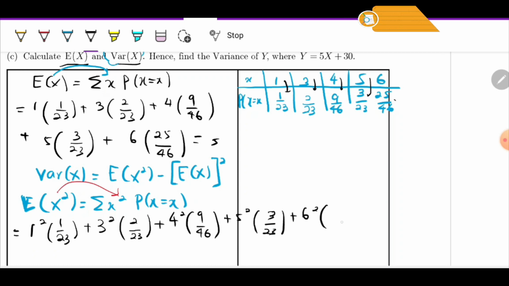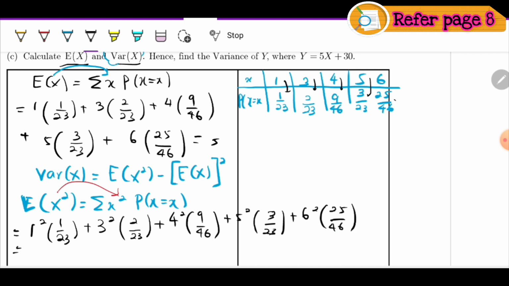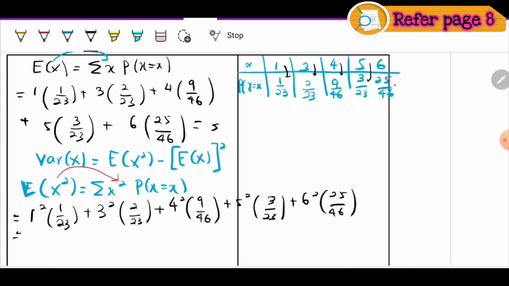Finally, 6 square times the probability. And the answer is 616 over 23. So substitute the value into the variance formula.